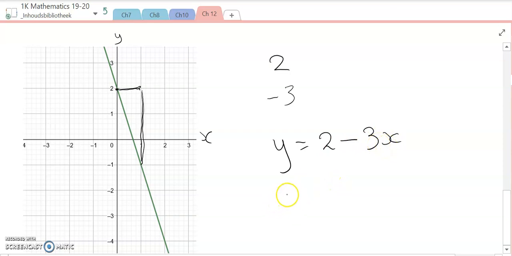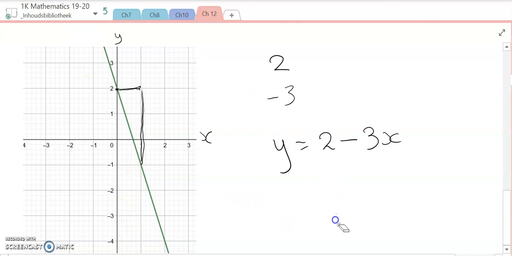Make sure that you notice the difference between the x and the multiplication sign. The x is like two bows kissing each other, and the multiplication sign is just a normal cross. The x is always on the horizontal axis, and the y is always the vertical axis.